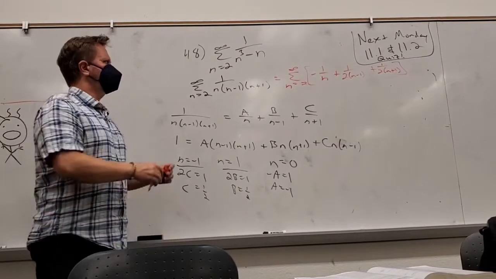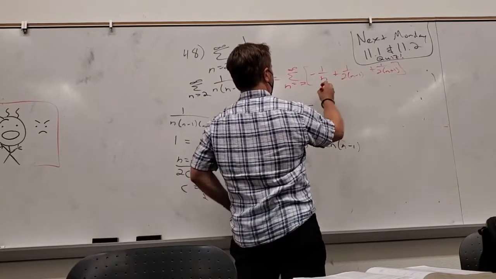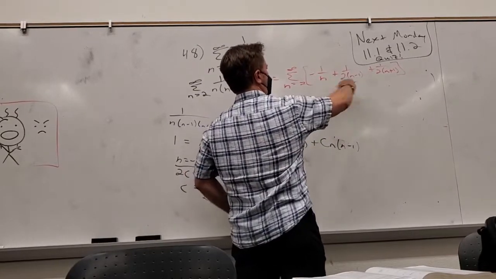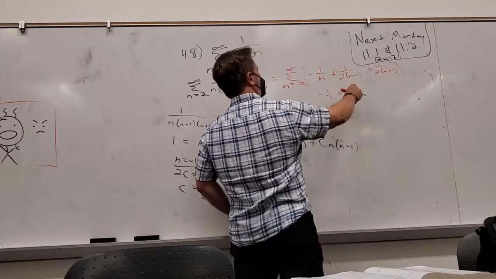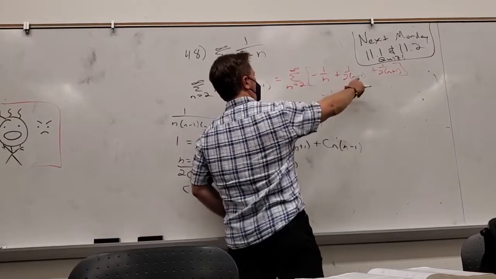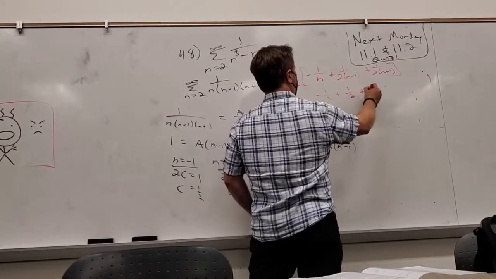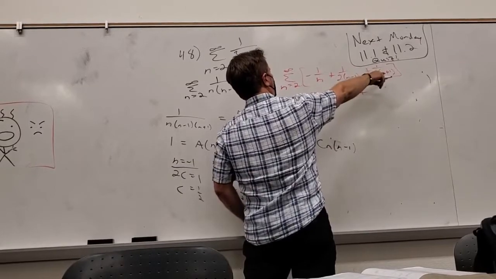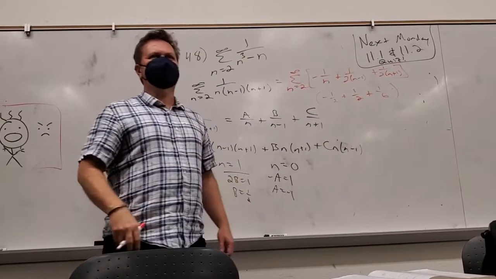So just to make sure, what do you guys start doing now? You start just developing, so what would the first term be? Negative 1/2 plus 1/2 plus 1/6. Stuff canceled already, right?